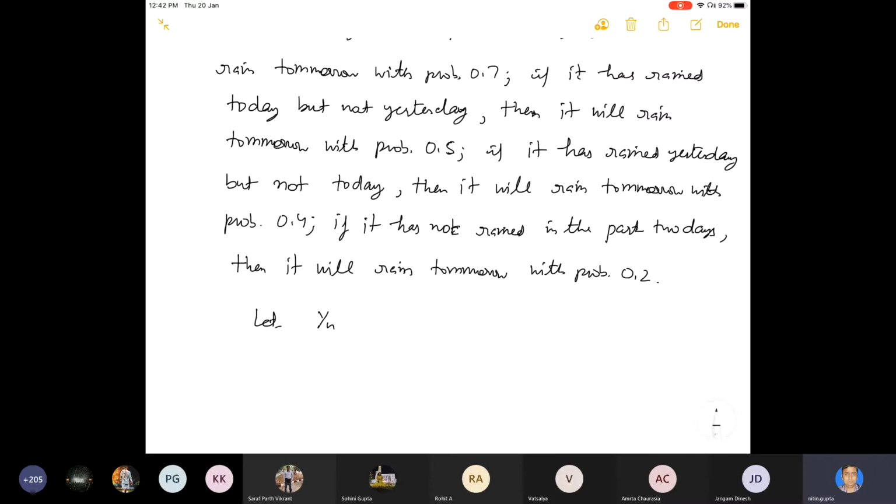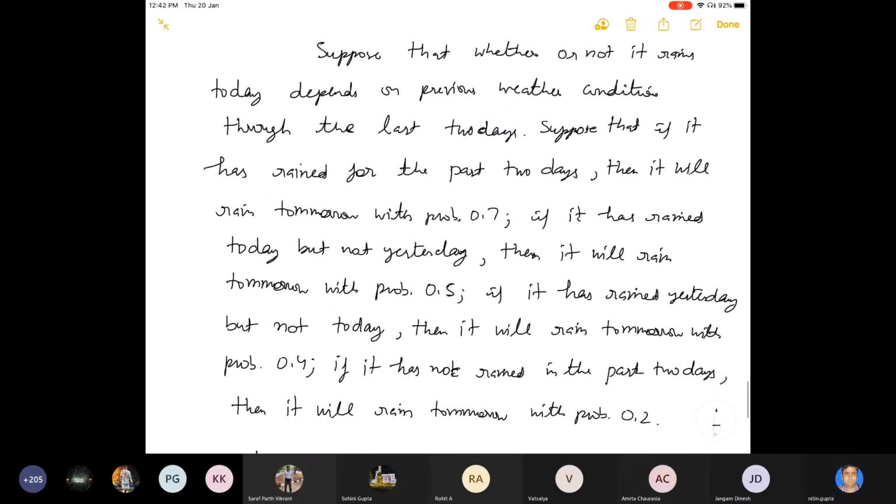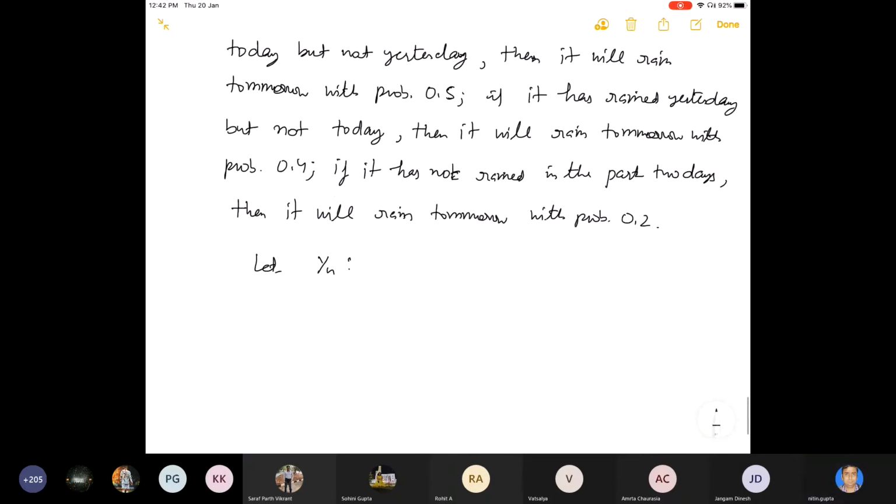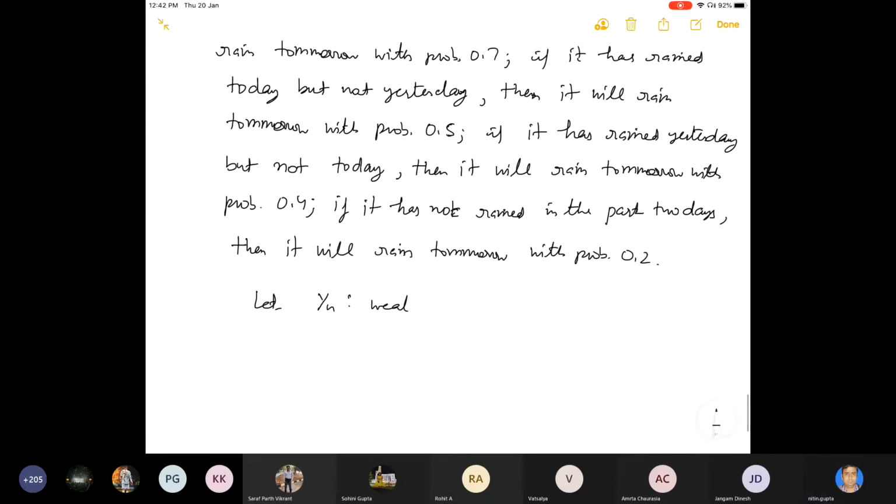Okay, so let us define Yn as the state, the weather condition on the nth day.